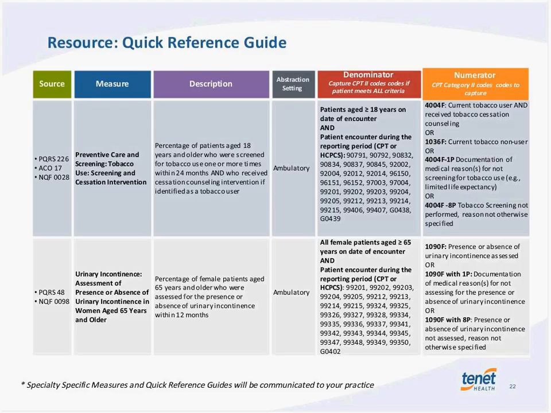Here is an example of a quick reference guide that will show you the source of a measure, the measure and the measure description, as well as your numerators and your denominators. These quick reference guides are available through your market representative, so you'll need to contact them to get your specialty-specific quick reference guides.